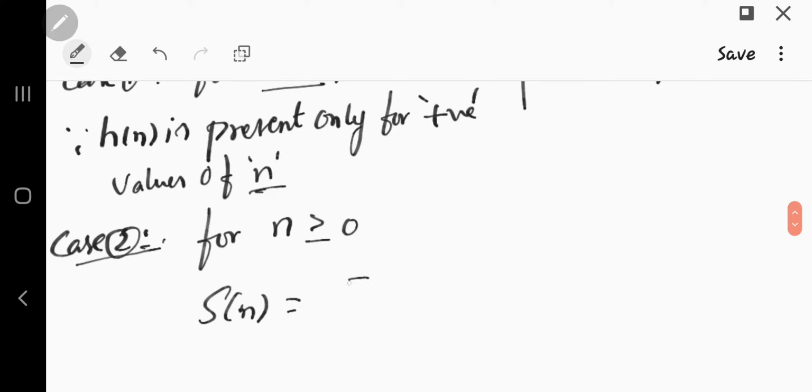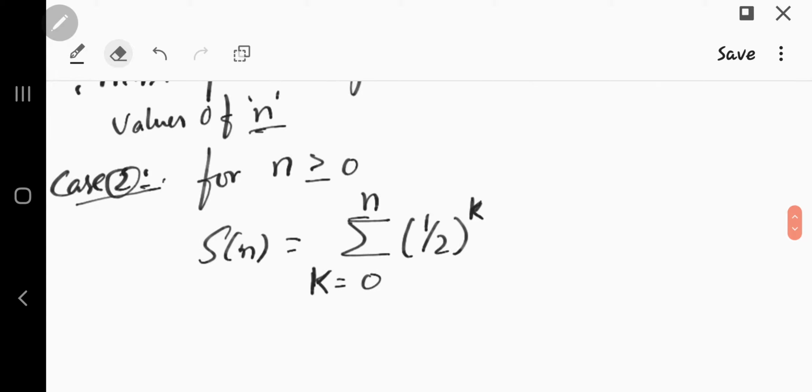So the limit now will be summation k is equal to 0 to n of 1 by 2 to the power of k into 1. Why have I written 1? Because u of k will be 1 for this range, so you can neglect this part and only stick to 1 by 2 to the power of k.